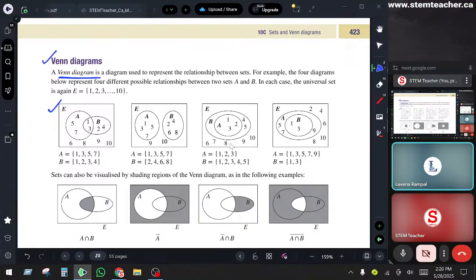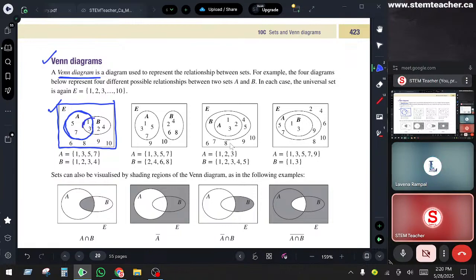It is E, your entire universal set. And this is A. What is inside A? Can you read these numbers inside A? 1, 3, 5, 7.